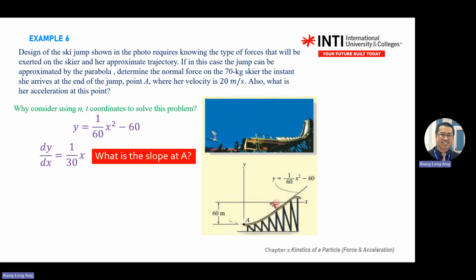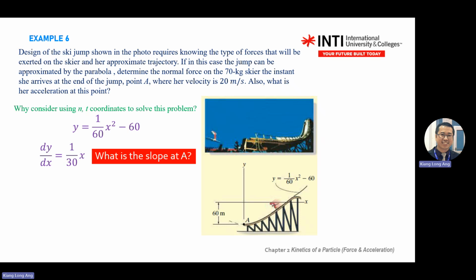1 over 30. Now, dy/dx is actually a slope on the Cartesian plane. So what is the slope? If you have positive x, y equals mx plus c, what does this look like?